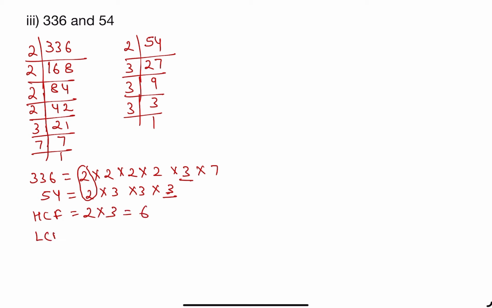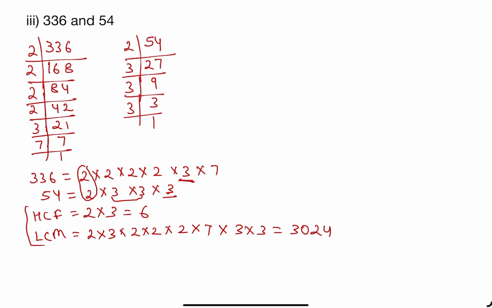LCM is equal to 2 into 3 into all numbers. 2 into 2 into 2 into 7, because we have taken 3 twos, and then 3 into 3, these two numbers. Then it will come 3024. So you have HCF and LCM.